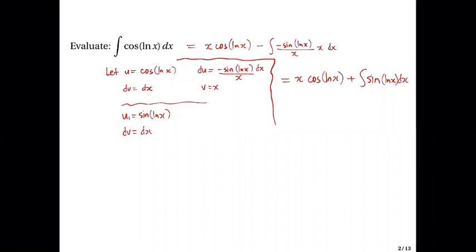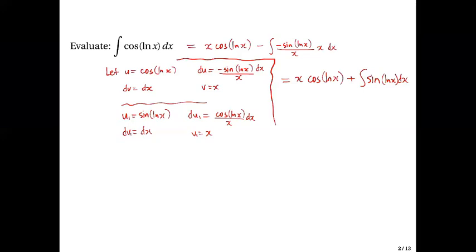So we will have du sub 1 equal to cosine of ln of x, again over x by chain rule dx, and then v equals x. So we use dv1 and then v1. Yes? Any questions? No question?